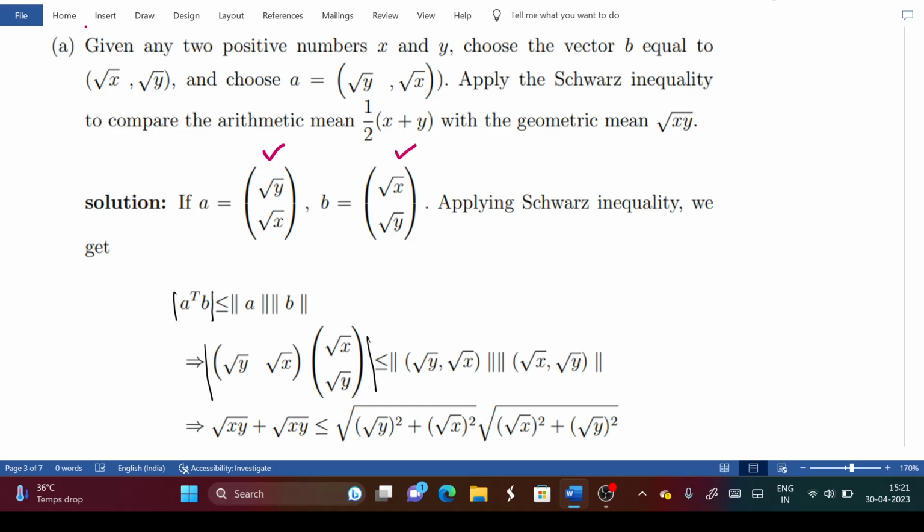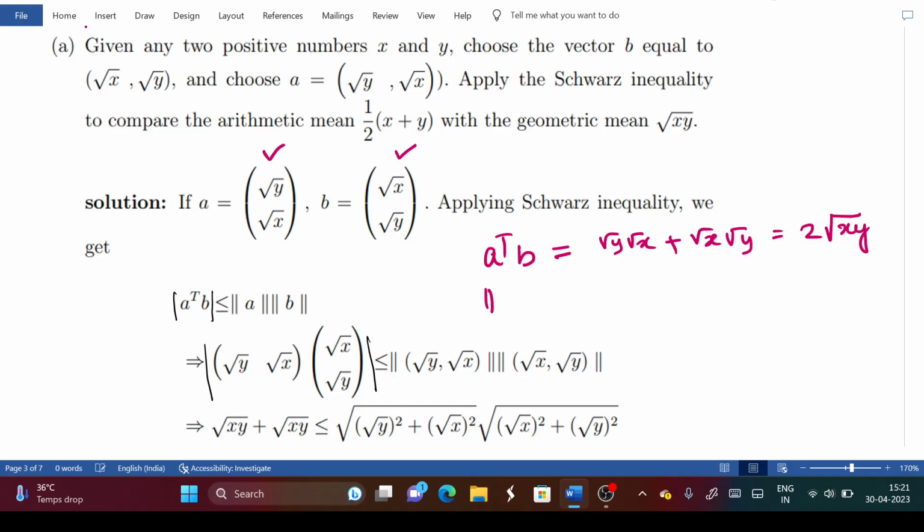So what is my a dot b? Clearly a transpose b is equal to root y root x plus root x root y, that is 2 root over xy. And what about the length of a?